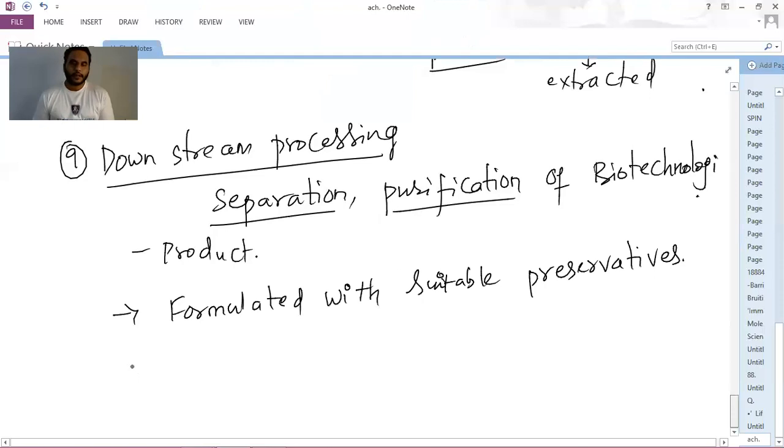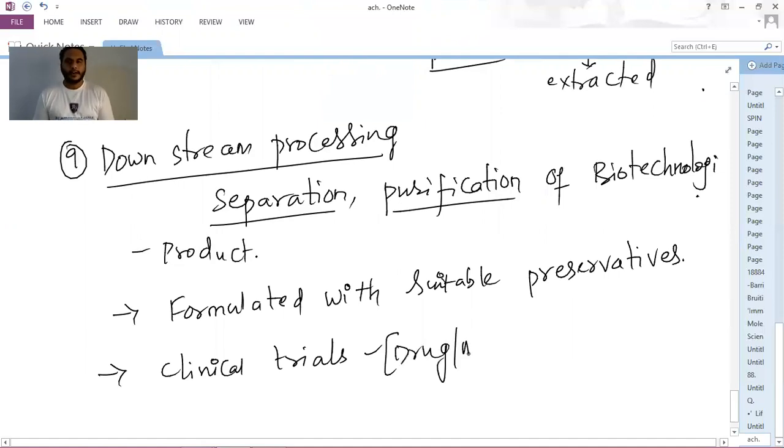Such products are also sent for clinical trials to test their efficiency and mechanism of functioning. Whether it is a drug or medicine, it definitely has to undergo clinical trials. We cannot directly sell it in the market.